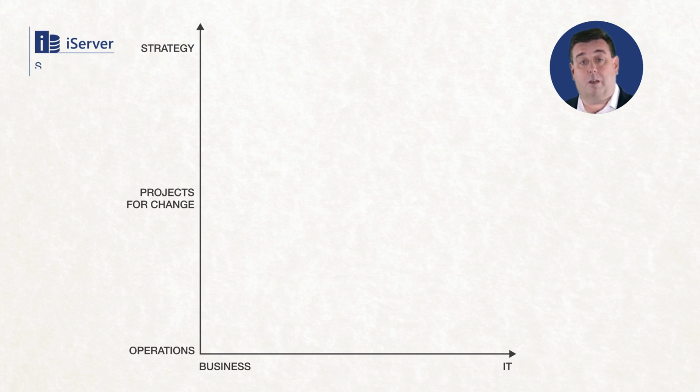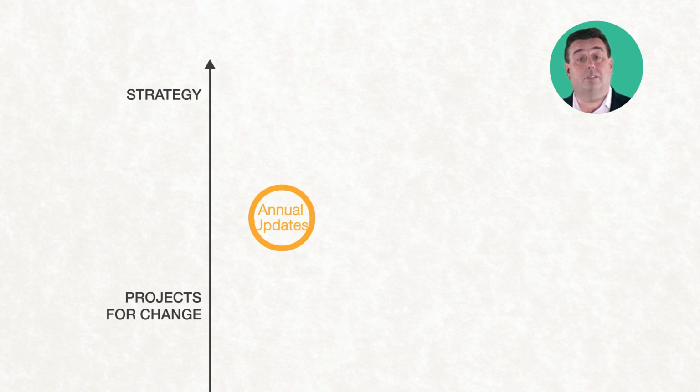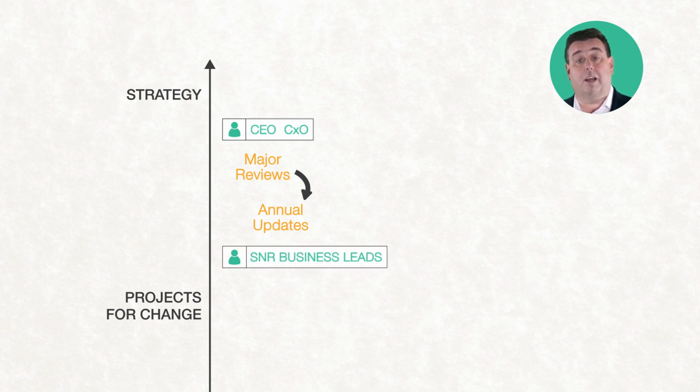So across those two dimensions, let's start in the top left. Here, we have strategy activities for the business, often done with annual updates against some multi-year strategic plan. Typically, our CEO, top-level executives, and senior business leaders involved in setting the organization's goals, drivers, and key objectives.